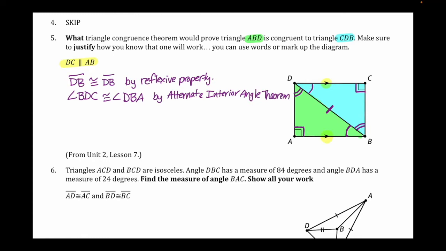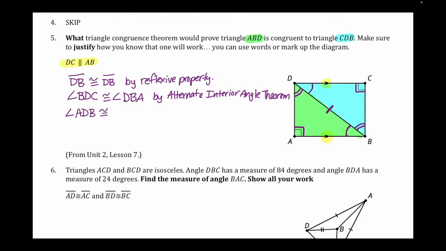Then we identified the right angles, but we're not going to use them. We're going to use the triangle angle sum theorem in order to say that my angles with two congruence marks are congruent to each other. So let's say that was angle ADB.